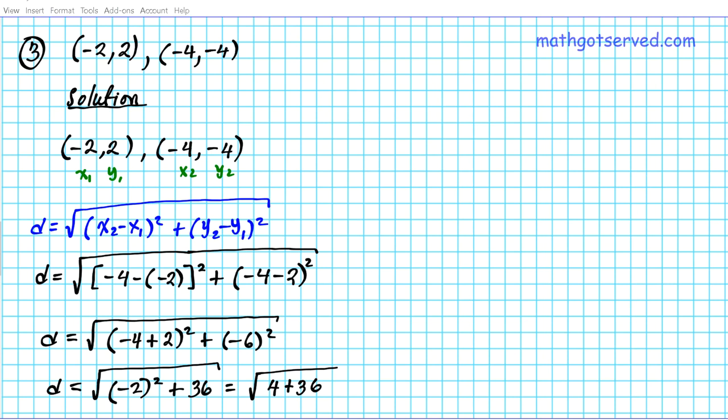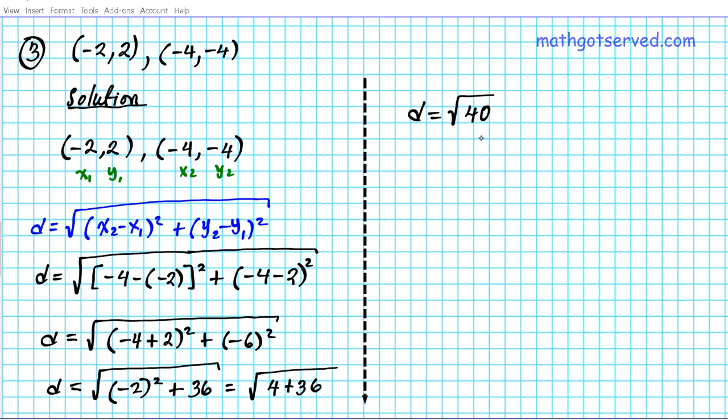Okay, moving right along, let me split up my workspace and continue my work right here on the right side. All right, so what is 4 plus 36? 4 plus 36 is 40, so d is equal to the square root of 40. Are we done? Well, we have to make sure to see if we can simplify this, okay?